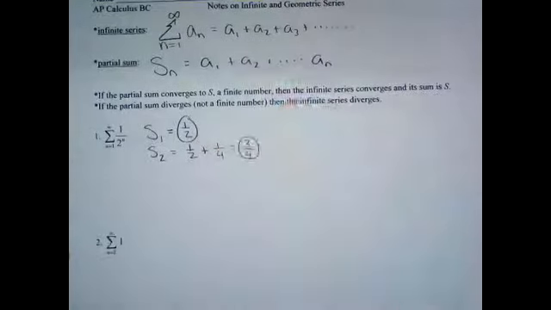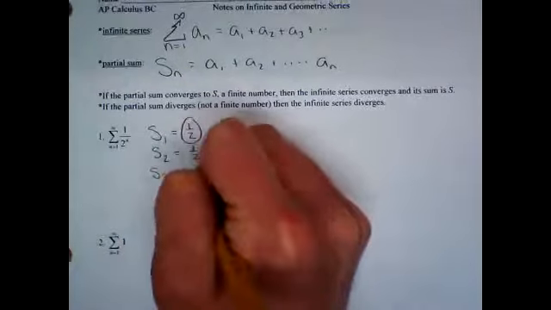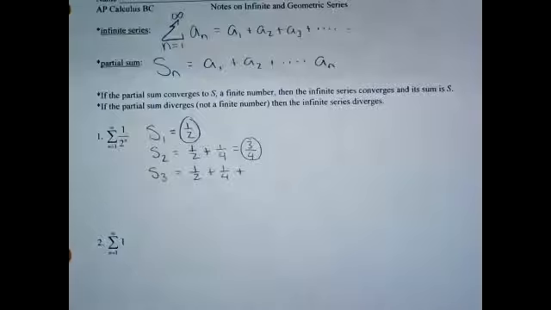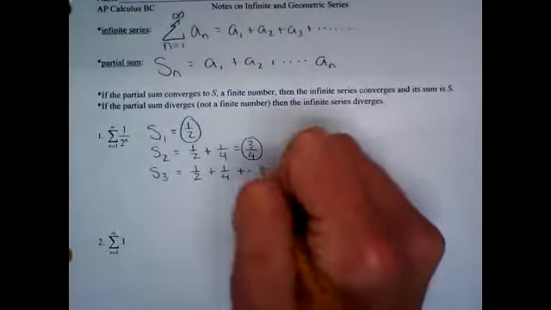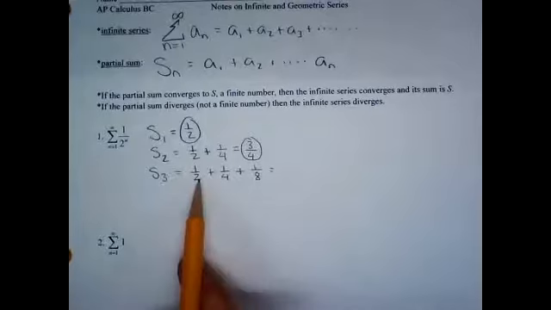Good. So doing the first 3, you would have 1/2 plus 1/4 plus the third one. So if you plug in 3, what are you going to get? 1/8. So that would be 7/8, because this would be 4/8 plus 2/8, so 7/8.